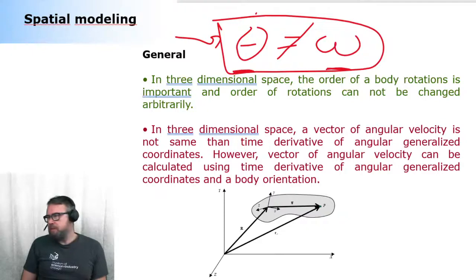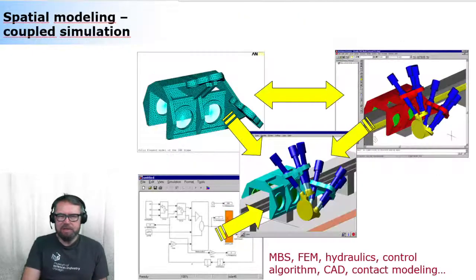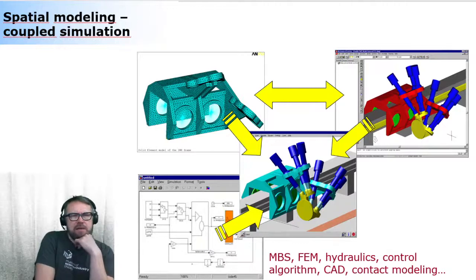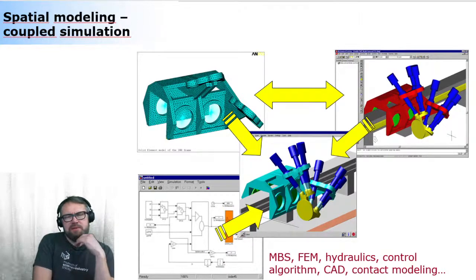Well, anyways, moving on. Co-simulation. We discussed co-simulation already, or coupled simulation. It basically means that we're putting different disciplines together. In practice, it means that we're putting different software together. Software are communicating. Like the software that is specialized to finite element modeling is communicating with the software that is specialized to multibody system dynamics.